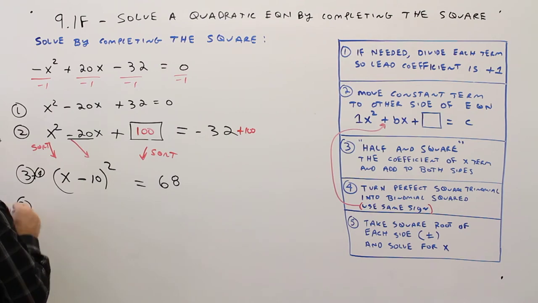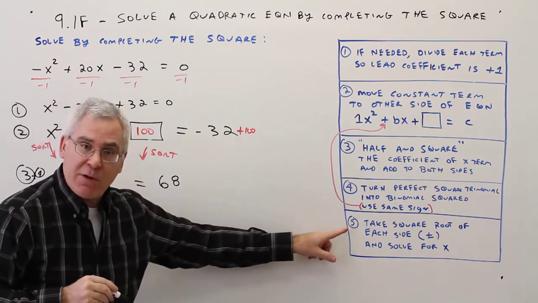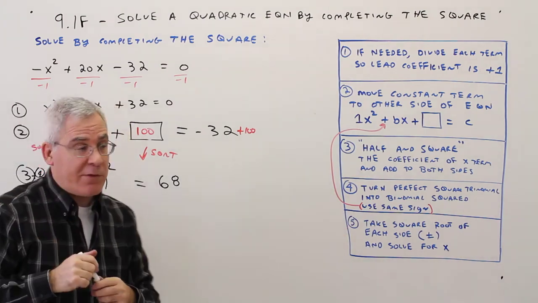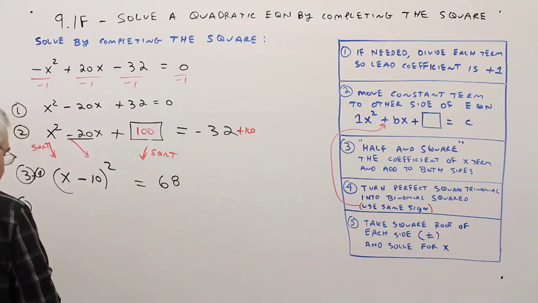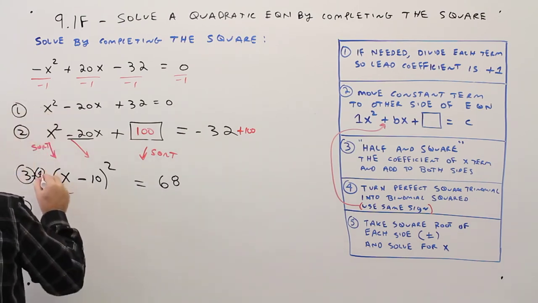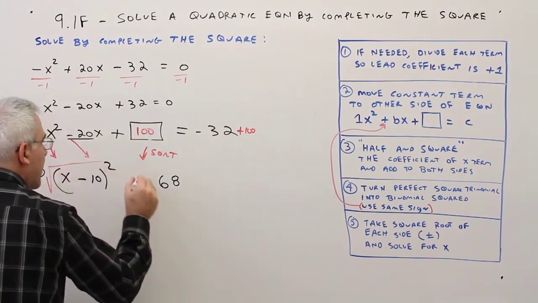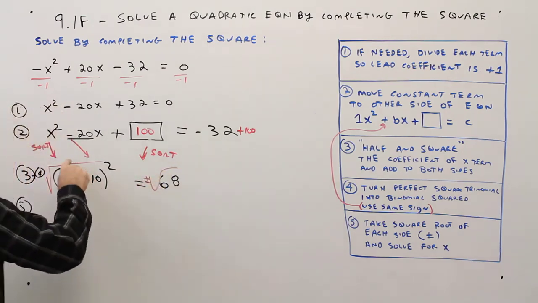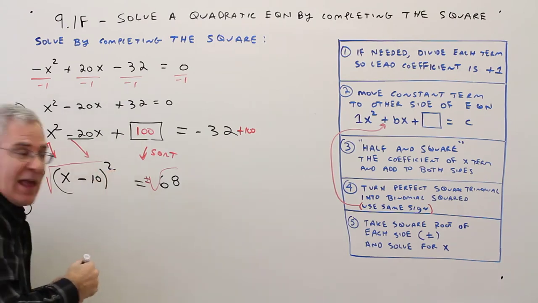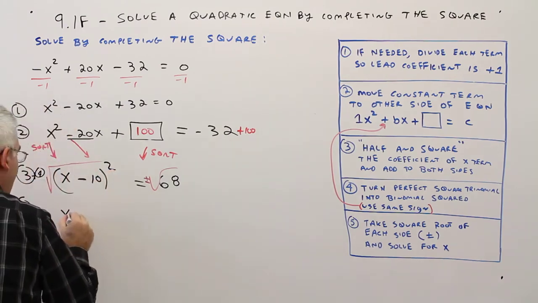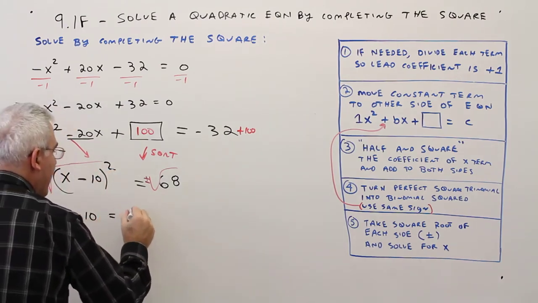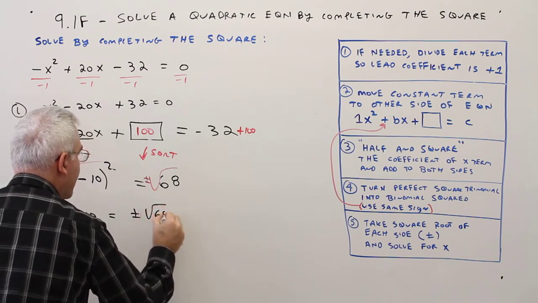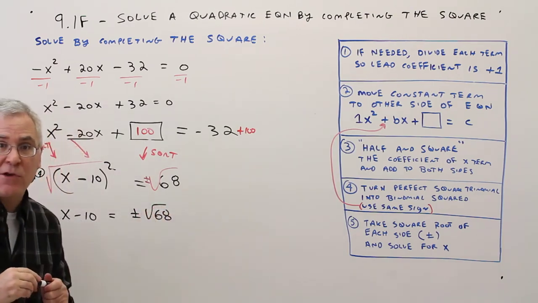Step 5. Take the square root of each side, remembering to do plus or minus square root on the right. So what I'll do is I'll take the square root of this side, and I'll do plus or minus the square root of that side. So this square rooting undoes that squaring, and I get x minus 10 equals plus or minus the square root of 68.